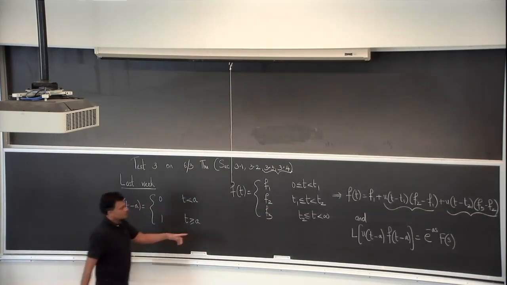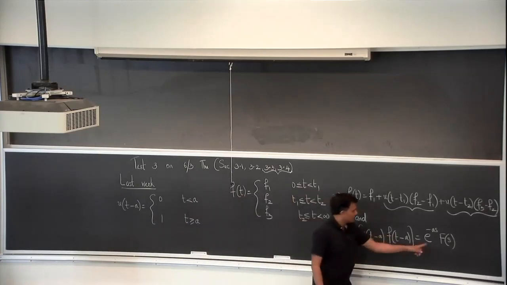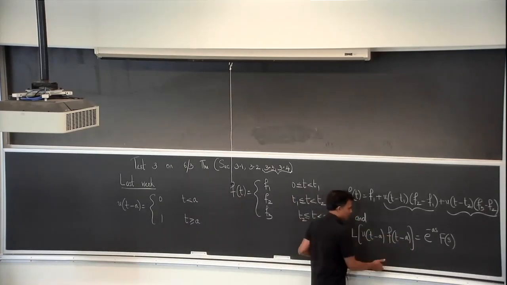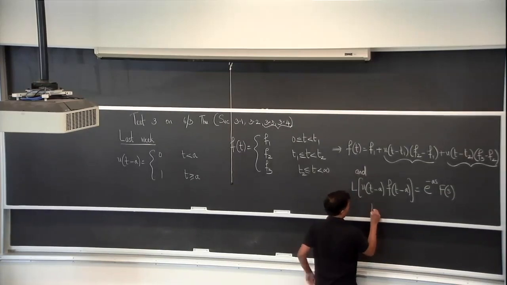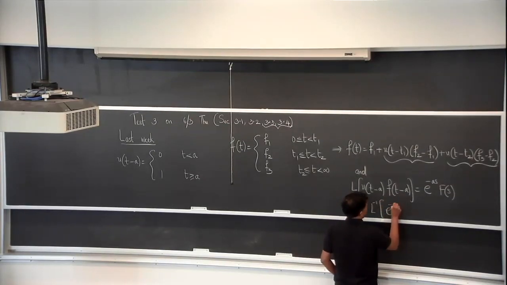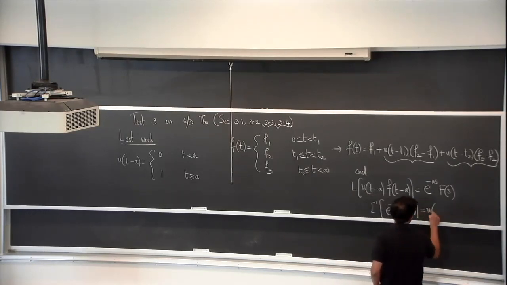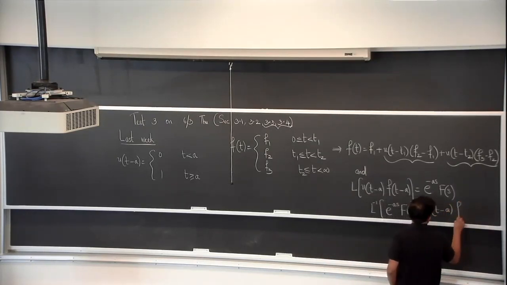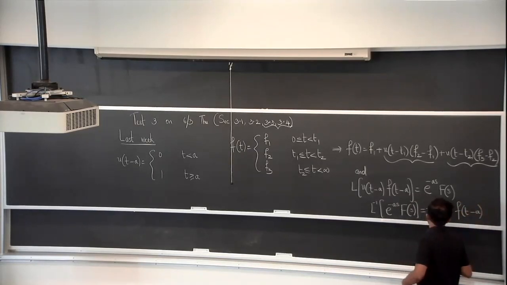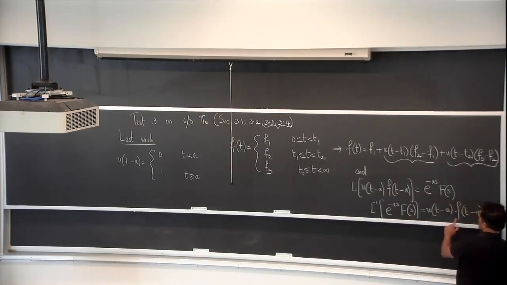And this is something that you could apply both back and forth. So the inverse of the second shifting theorem would be L inverse of e to the power of negative as times F of s. The only thing here to keep in mind is you have to shift your function by whatever amount you are delaying your input with.